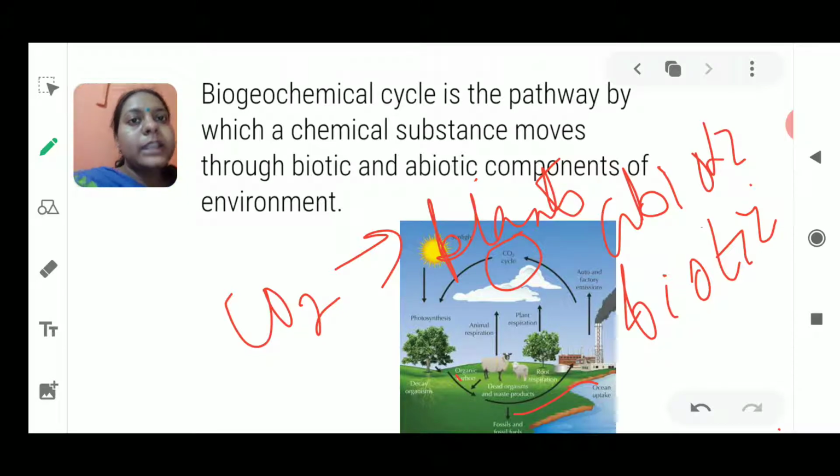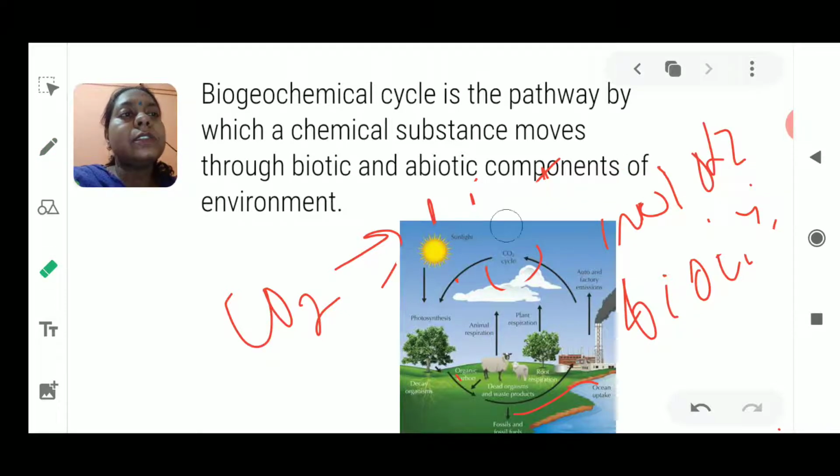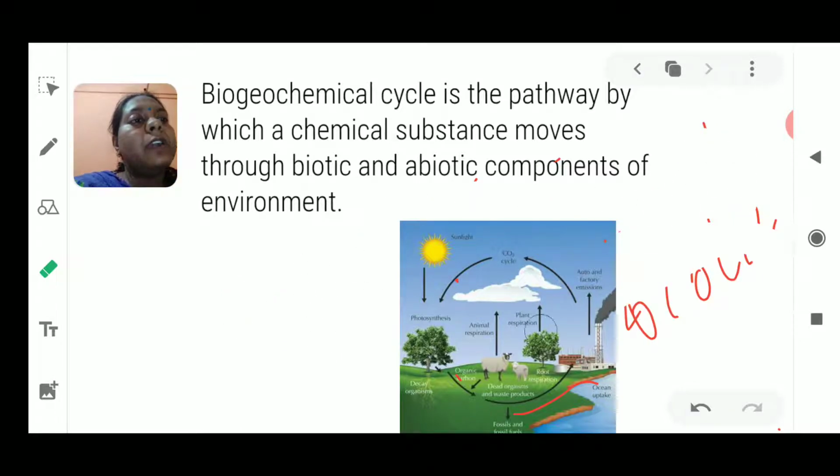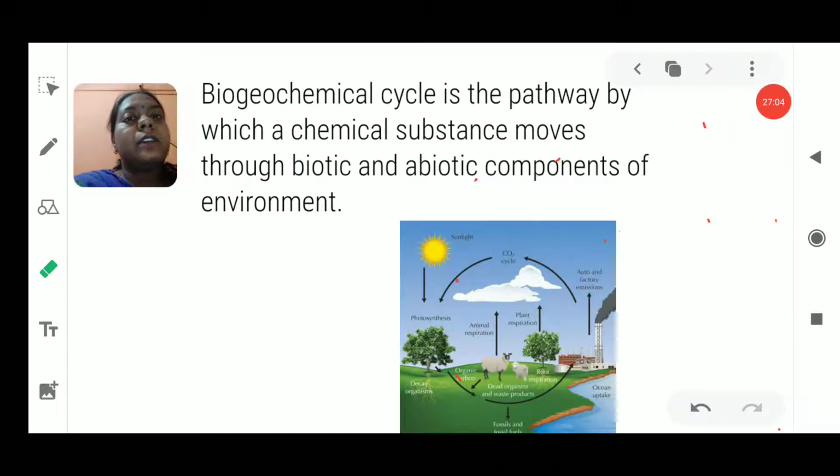Biotic and abiotic components are going to interact with each other just because of this biogeochemical cycle. Just keep this in mind, that biogeochemical cycles are a part of our ecosystem, and we cannot ignore them in our environment.